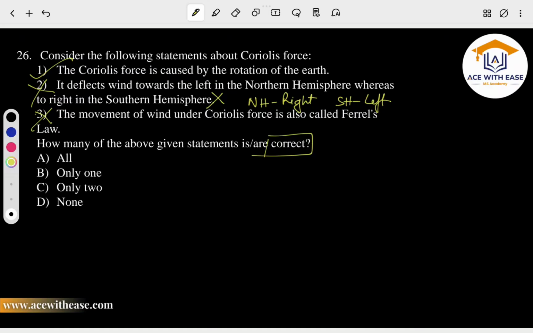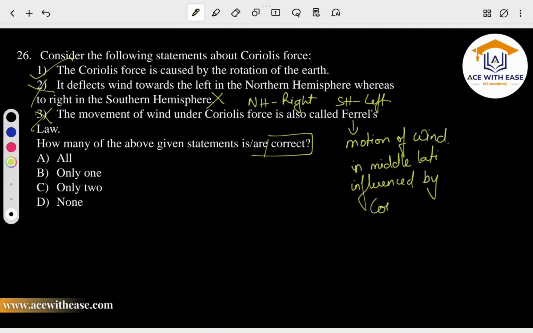Third statement: the movement of the wind under Coriolis force is also called Ferrel's law. No. Ferrel's law actually refers to the motion of the wind in the mid latitudes, where it is influenced by Coriolis force.